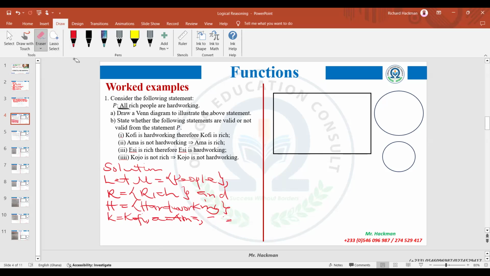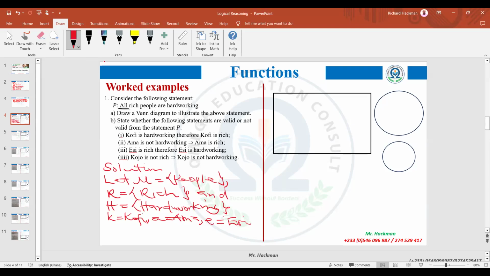Now let me clear and do the right thing. I didn't want to go and pick the eraser, I was destined to pick it, so I have to. All right, so e will be equal to Ace. And we have the last name Kojo, but because you have used k, you cannot use k. And again, in maths, anytime you are at liberty to introduce any letter to represent anything, don't go for O, because you can confuse it with zero.